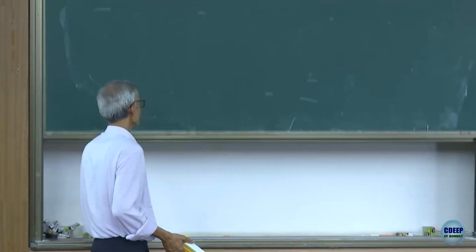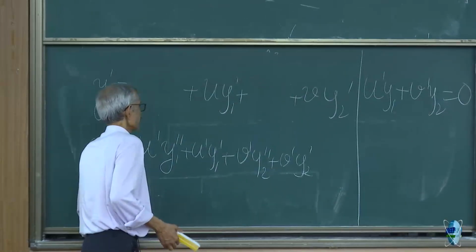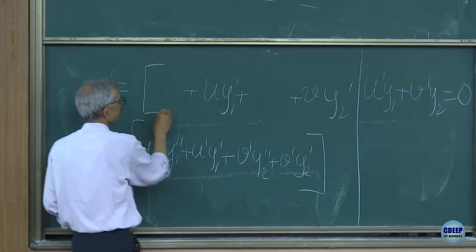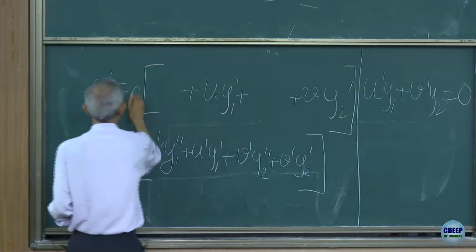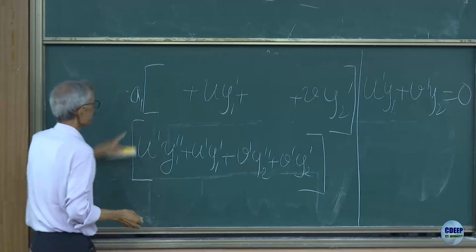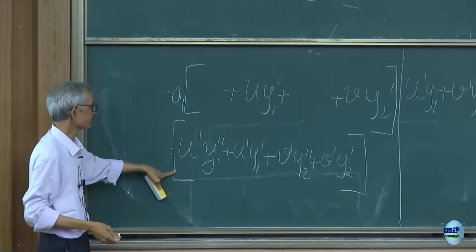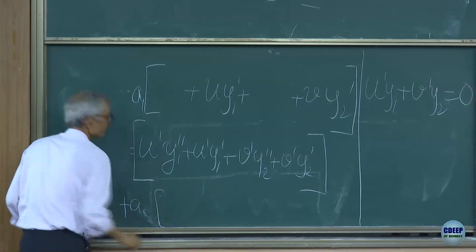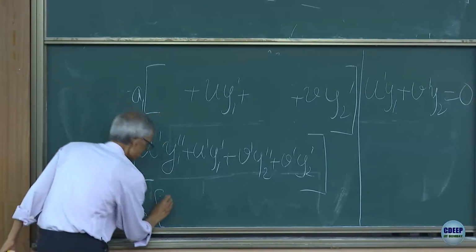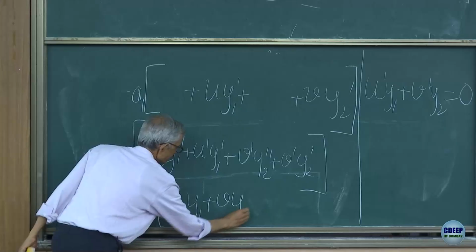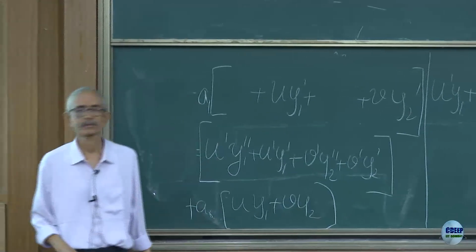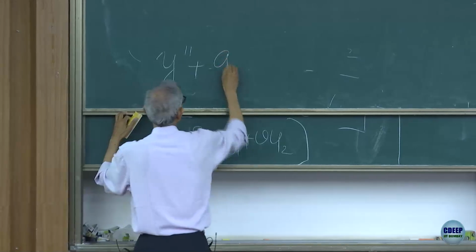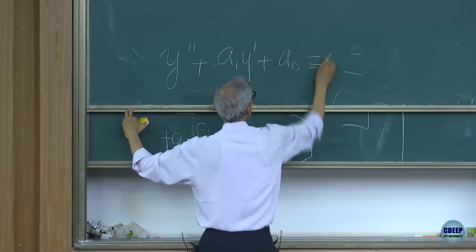It was y double prime plus a1 y prime plus a naught y, where y is nothing but u y1 plus v y2.